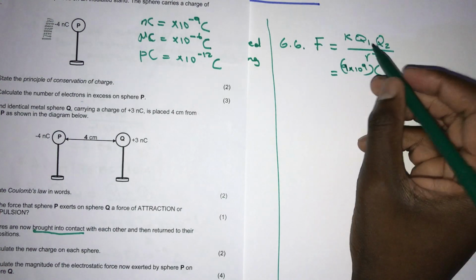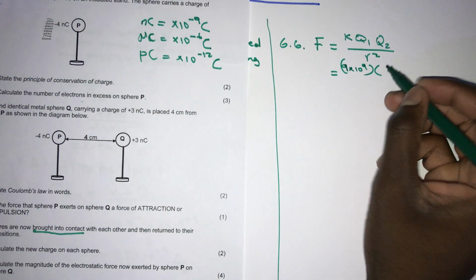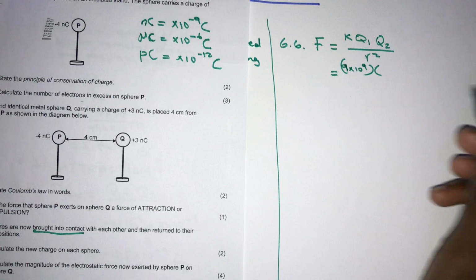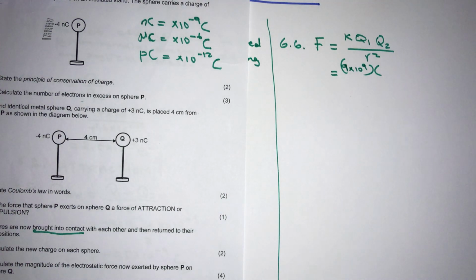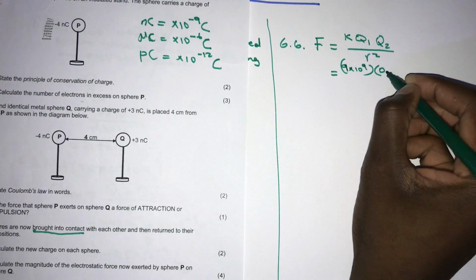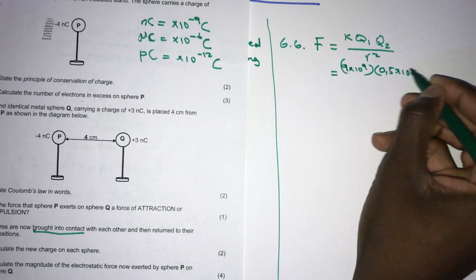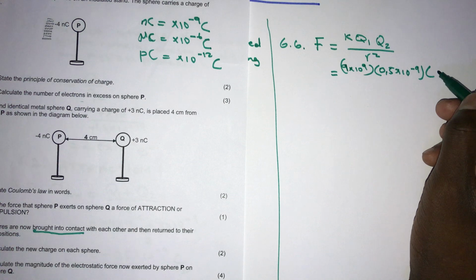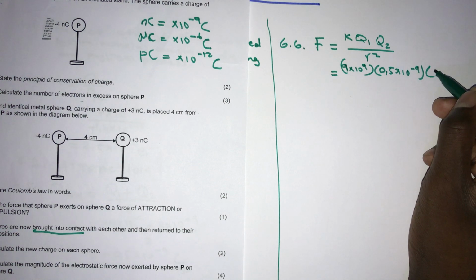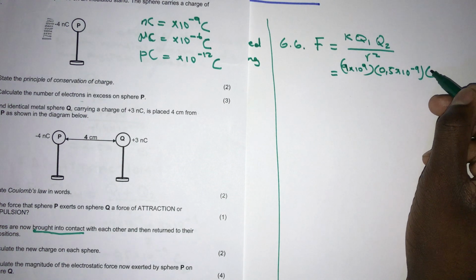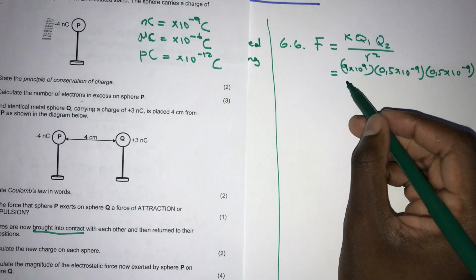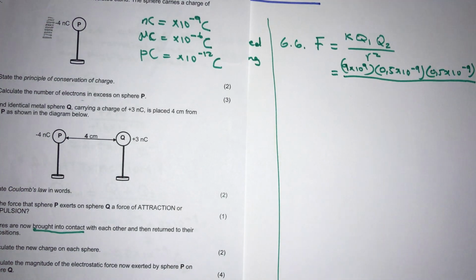And then the charge on Q1. Since the new charge is negative 0.5 times 10 to the negative 9, we ignore the negative here. We have 0.5 times 10 to the negative 9. Sphere number 2 is also 0.5 times 10 to the power negative 9. Then we divide by the distance.